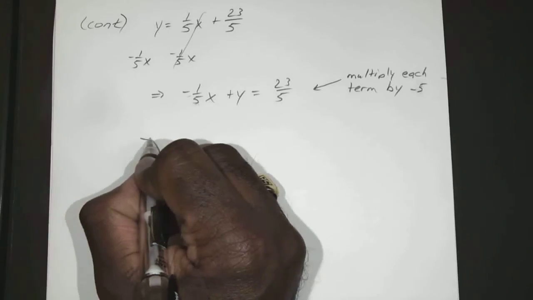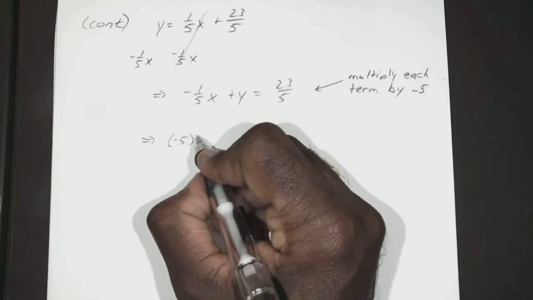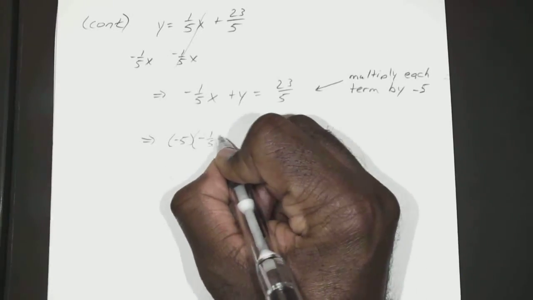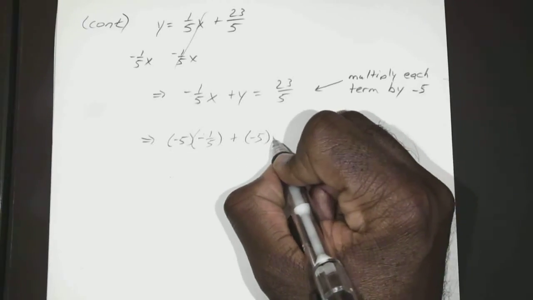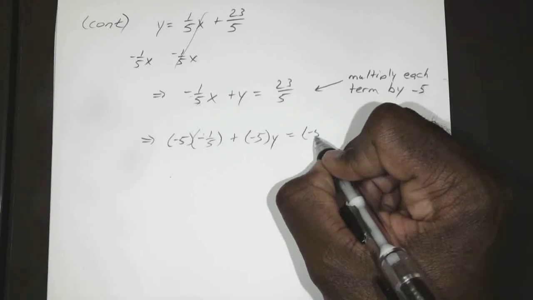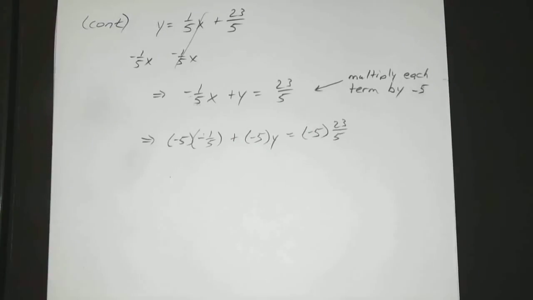Okay, so if we multiply each term by negative 5, you have negative 5 times negative 1 over 5 x, plus negative 5 times y, equals negative 5 times 23 over 5.